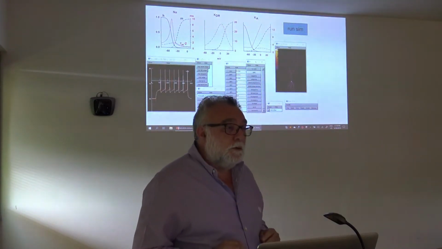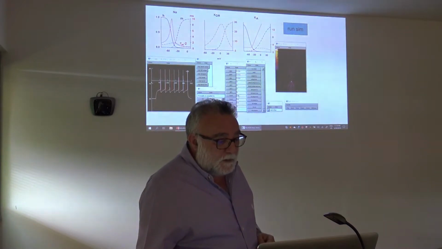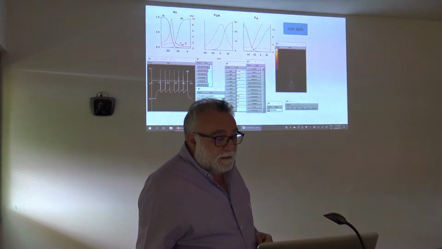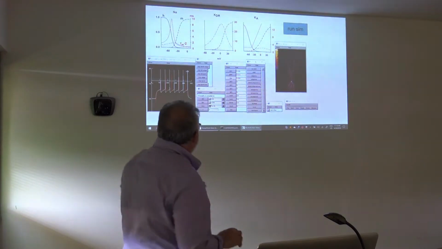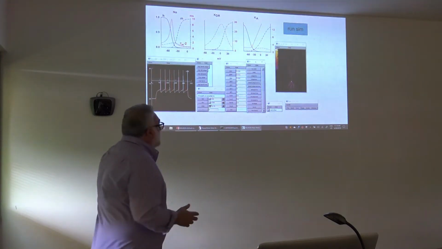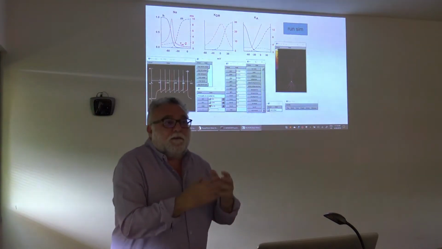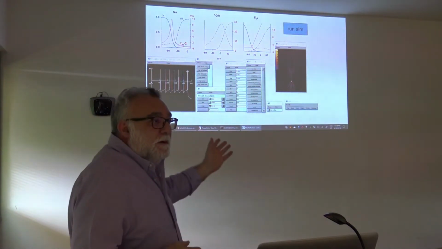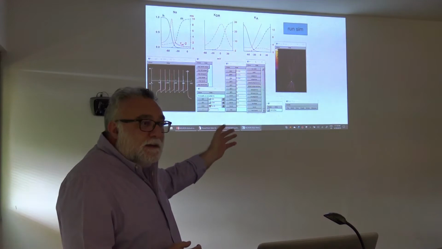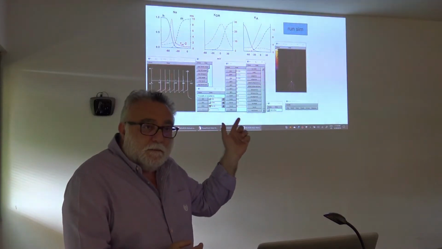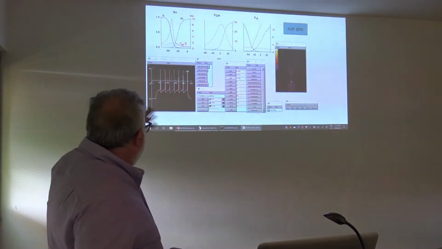This is what we can do if we shift by 24 millivolts the kinetics for the sodium, KDR and KA. Okay? So now we have a good agreement. We don't care about the perfect agreement, because if we get another trace, we are going to get slightly different spike times. Okay? So we are okay with this.